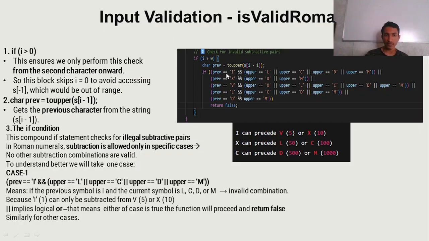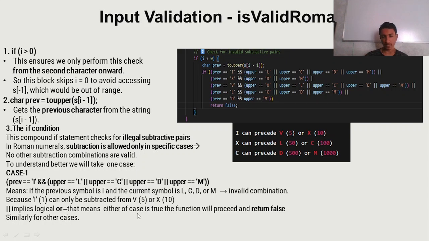Previous is equal to I, and the double ampersand means the logical AND, and current is equal to L, and so on. What do these lines mean? If the previous symbol is I and the current symbol is L, C, D or M, the combination is invalid, right? Because I can precede only V or X. And the double bars imply logical OR.